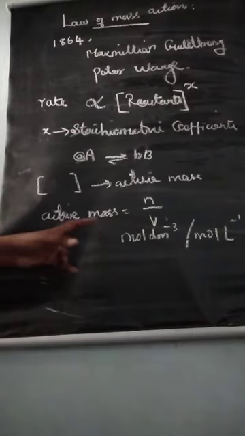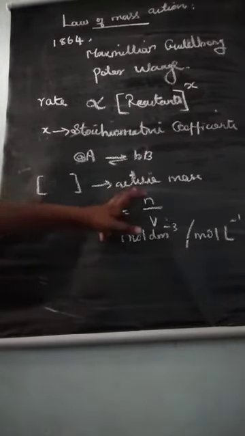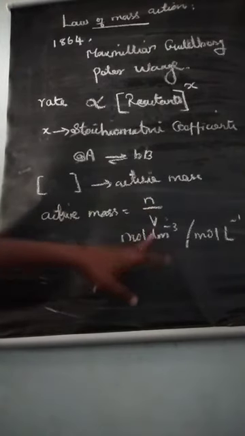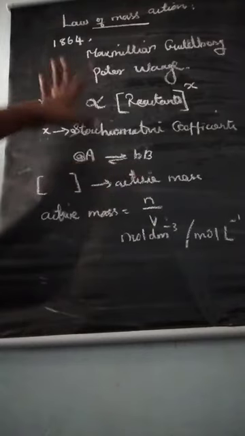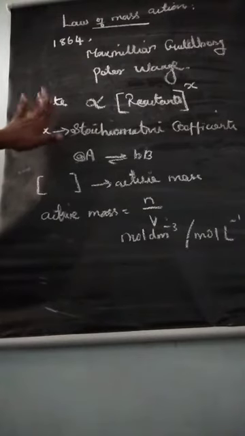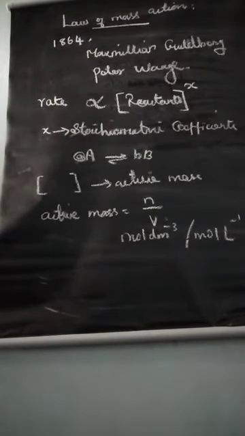So we can tell the formula, active mass is equal to n by V. Unit mole per decimeter cube or mole per liter. Understand this topic, law of mass action. Here the statement is important. One more time, can you tell the statement? At any instant, the rate of chemical reaction is directly proportional to the active mass of the reactants.